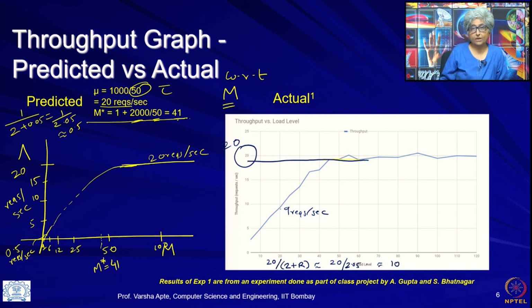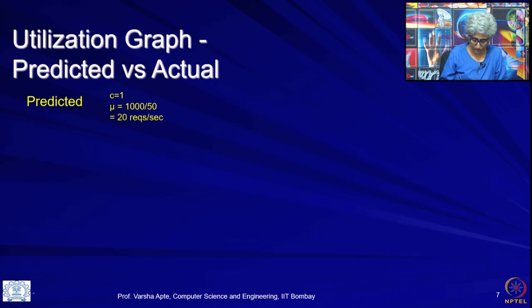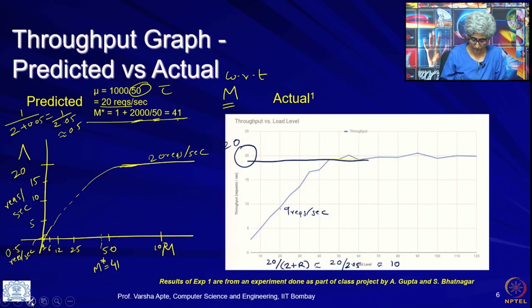So, if the response time remained close to tau, then we expect that the throughput at 20, when there are 20 users in the system, would be 10 requests per second, right.